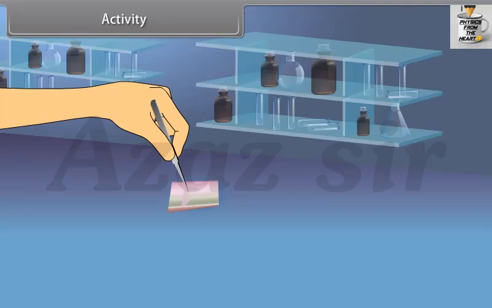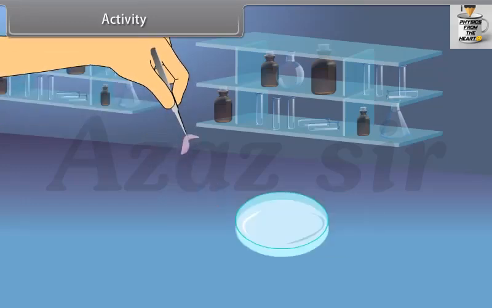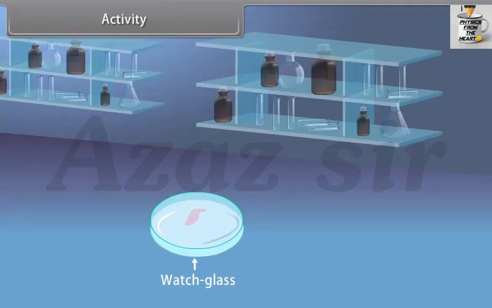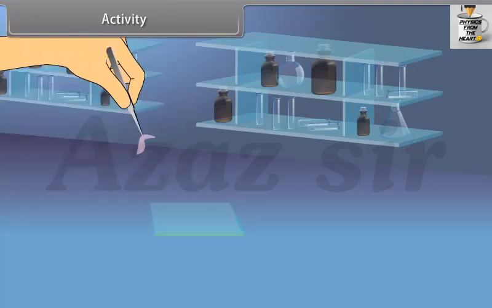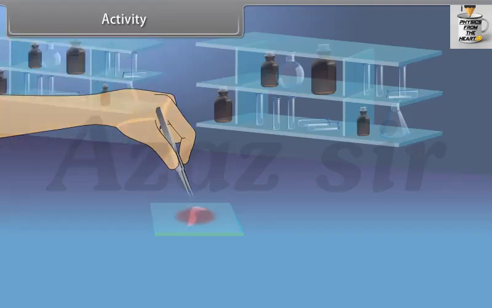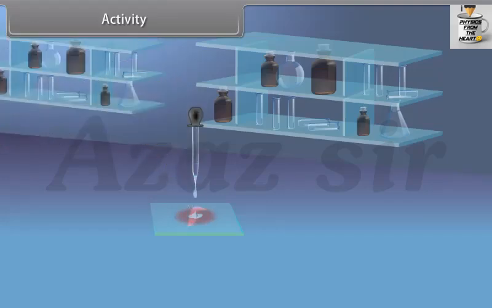When you stretch it, some peel or skin projects out from the cut. I have removed this peel and kept it in water in a petri dish. Yes, now add a few drops of safranin and wait for 2 to 3 minutes. I have now transferred it on a slide with a drop of glycerine and covered it with a cover slip.